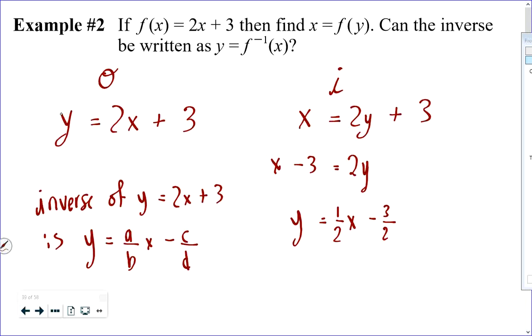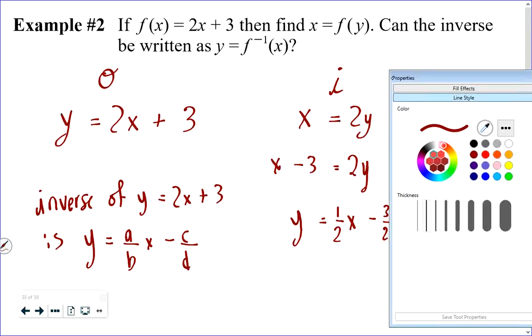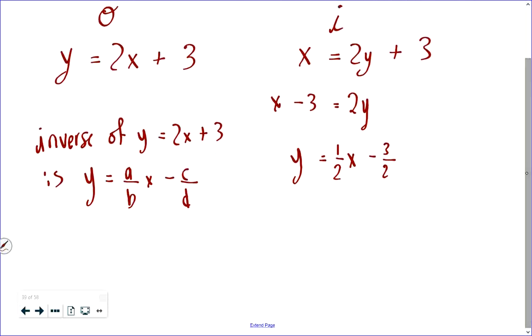Well, this is a line. It's a linear function. It has a slope of 1/2 and a y-intercept of -3, so it will pass the vertical line test. Which means instead of writing y equals, we can write the following. If we can't, then you almost need to communicate that it's an inverse.